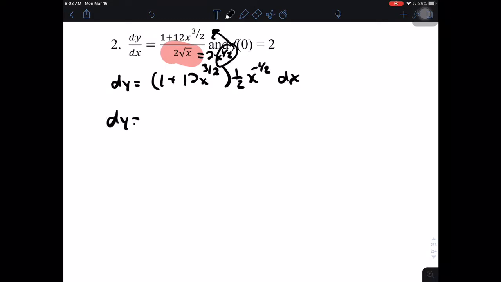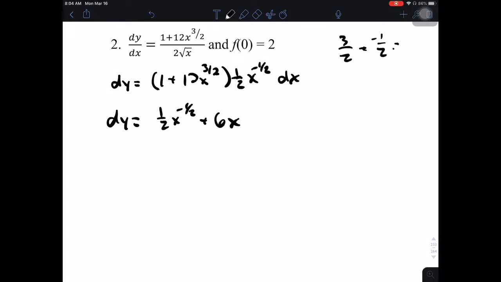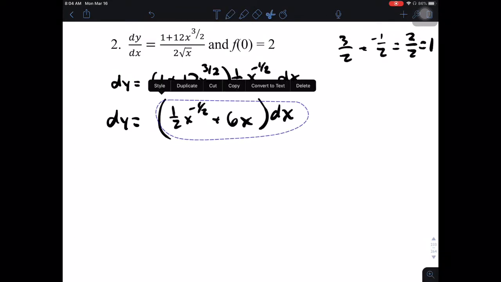Then if I distribute in the parentheses here, I'm going to get 1/2 x to the negative 1/2 plus 6x. When you multiply with the same base, you add the exponents. 3/2 plus a negative 1/2 is 2/2, which is 1. So that's convenient. And this is with respect to x.